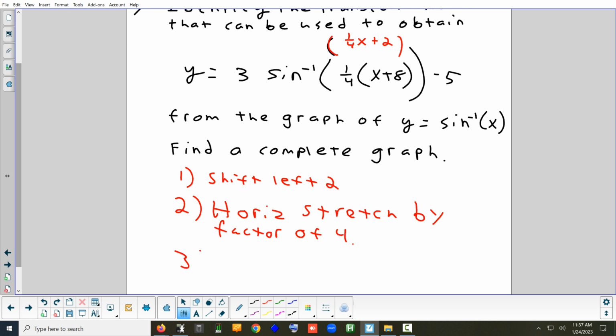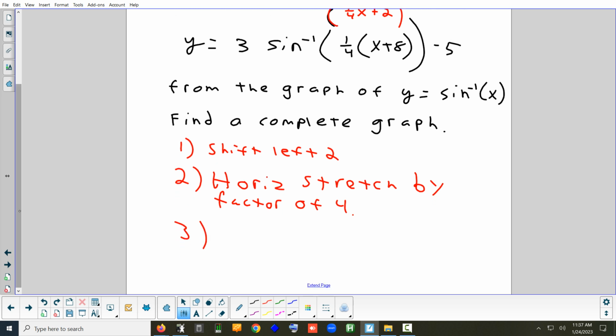Okay, what's the third thing? Yep, vertical stretch. Need a little bit more there, yeah, by a factor of 3. And the last thing? Just down 5.